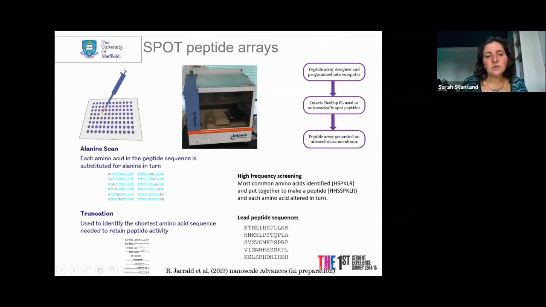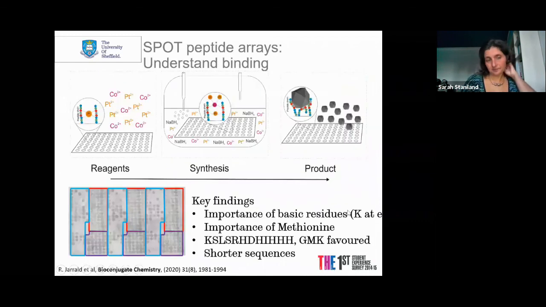We can truncate the sequence, so we can see if there are chunks of motifs or length that are important, and we can look for lead peptide sequences and high frequency scanning. So if a certain residue pops up a lot, we can scan against those as well. And importantly, we did this against the reagents during the synthetic process and on the products as well. So we can find all the important things.